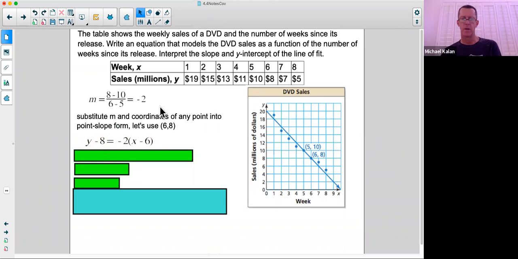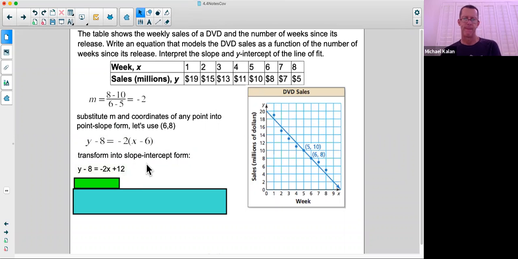So 8 goes in for y minus, that's the y sub 1, right? 6 goes in for the x sub 1, and our slope was -2. And then we can put it into slope-intercept form, distributed, right? So -2x plus 12. And then what am I going to do? I'm going to add 8, and boom, there's our equation.